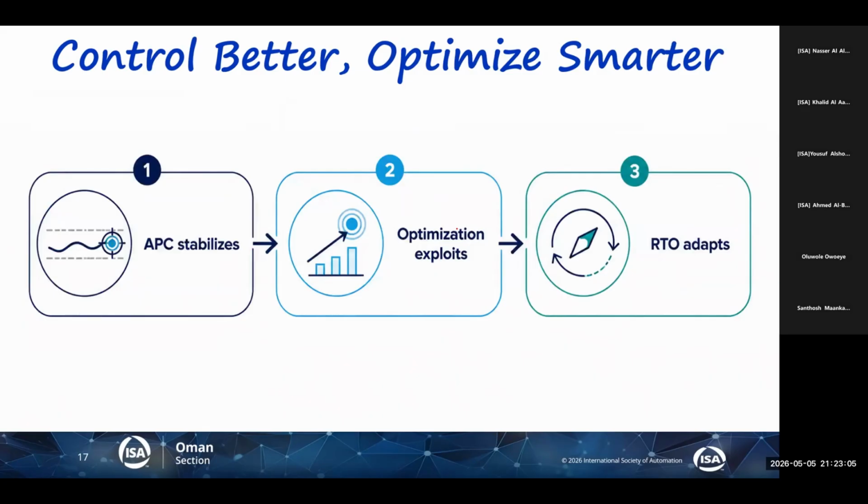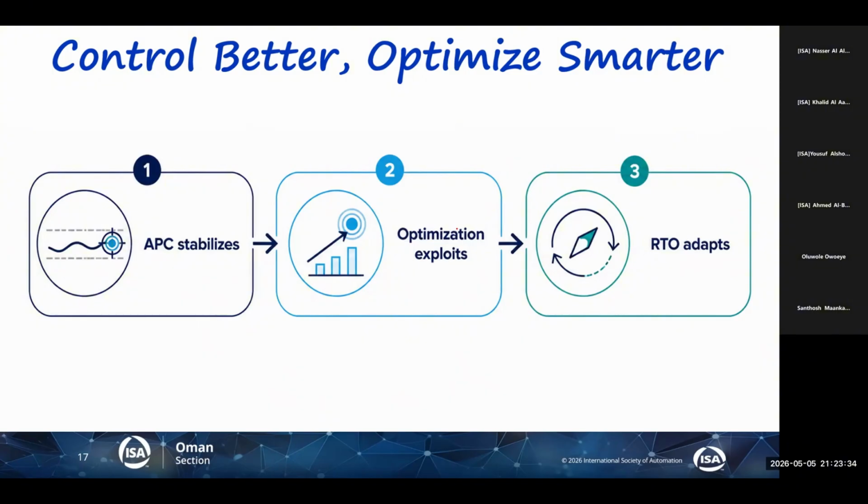APC stabilizes the process by orchestrating, acting as the maestro of the orchestra, these interacting variables. And second, variability is distributed, because in order for the CVs to be stable, there are other variables, the MVs, which need to do more work.